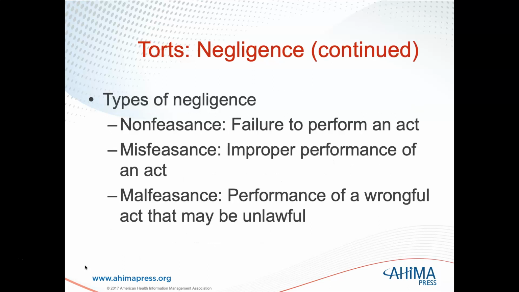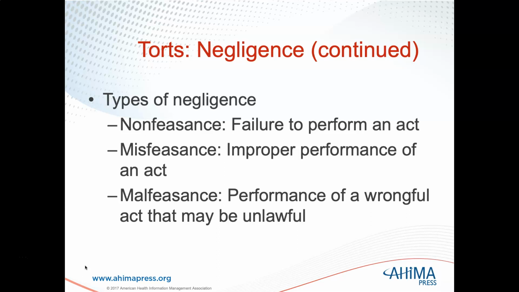So the types of negligence. You have nonfeasance, where someone didn't do something they were supposed to do. You have misfeasance where they did do what they were supposed to do, but they did it improperly, and that caused a problem. And then malfeasance is where they did something, but what they did could very well have been unlawful.